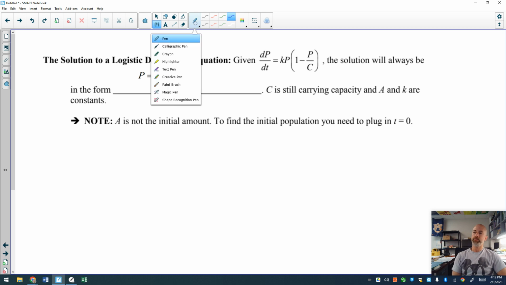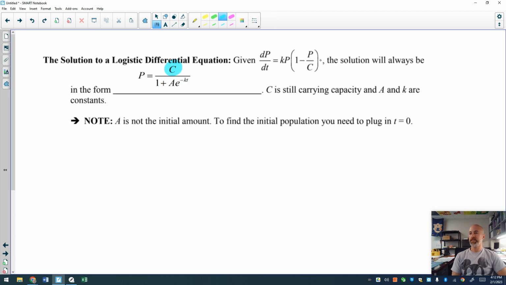The C in the solution is the same C that is in the differential equation, and the k that is in the solution is the same k that is in the differential equation. The only thing that you would have to find yourself is this constant A, and unfortunately, A is not your initial population like it sometimes is in your Ae^(kt) format, if you call it A in that application.